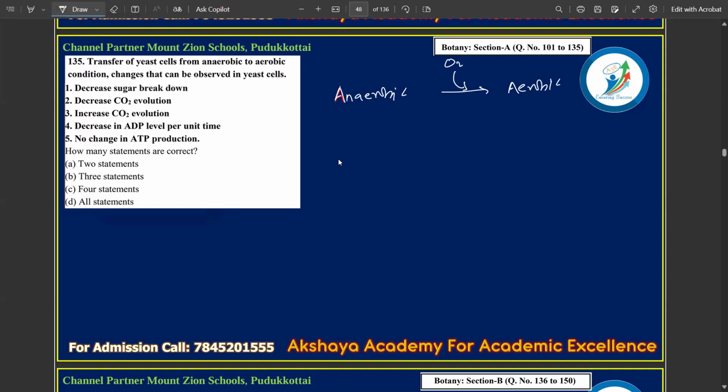It's an interesting question. For one glucose molecule in anaerobic condition, what are they going to generate? They're going to generate 2 ATP, a net gain of 2 ATP. Of course, they generate 4 ATP, but 2 ATP is used in the investment phase, when they convert glucose into glucose 6 phosphate and fructose 6 phosphate into fructose 1,6 bisphosphate.